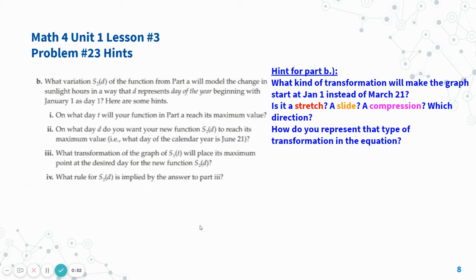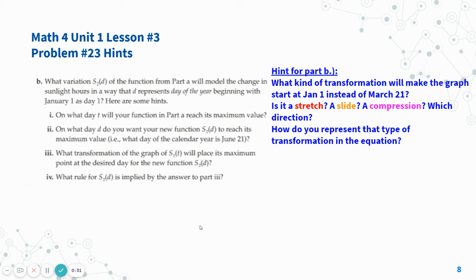So once you have your equation, the next part of the problem, part B, says what variation or how can you change that equation so that I can start on January 1st instead of starting on March 21st? And they actually give you some hints there, but I'm going to give you a little bit more of a hint.